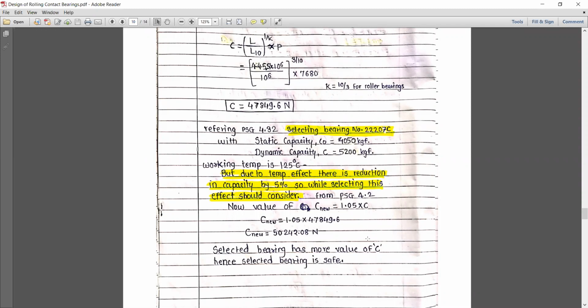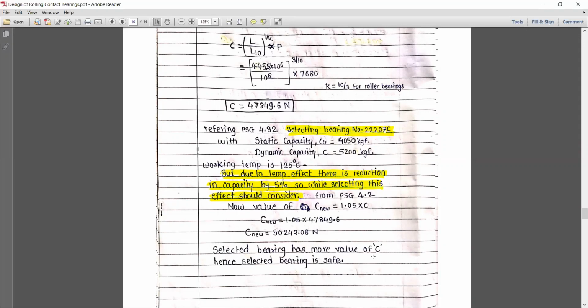Okay, because it reduces the value. If it is reducing the value, while selecting we need to add that deficiency, so that whenever we are using the appropriate type of bearing, it will sustain that deficiency very easily. So that's why I have increased the total value of calculated dynamic capacity by 5%.